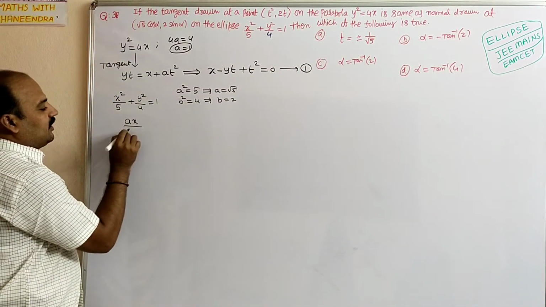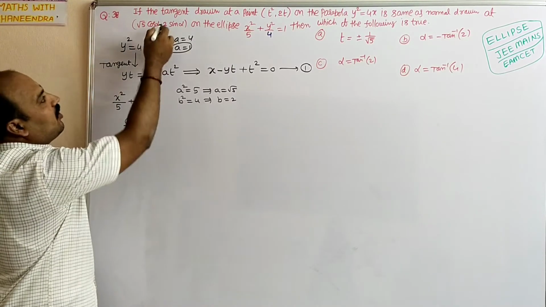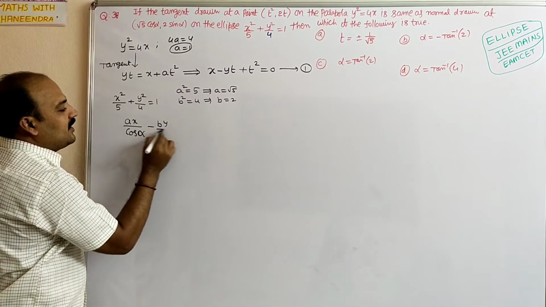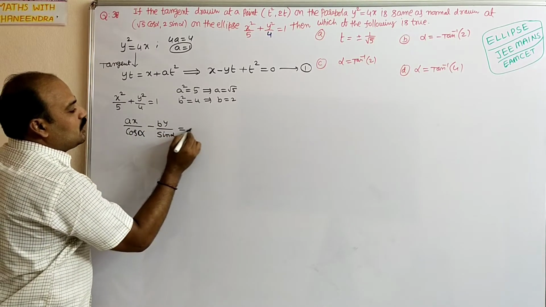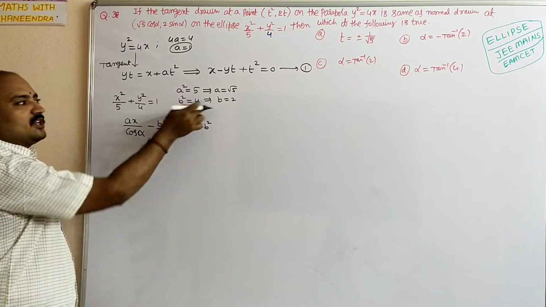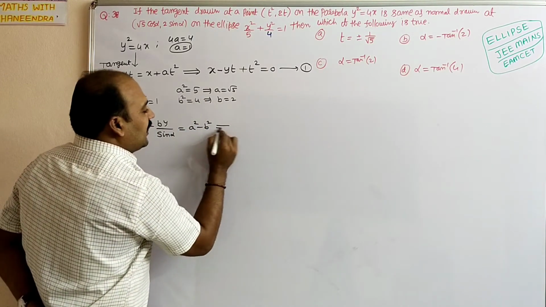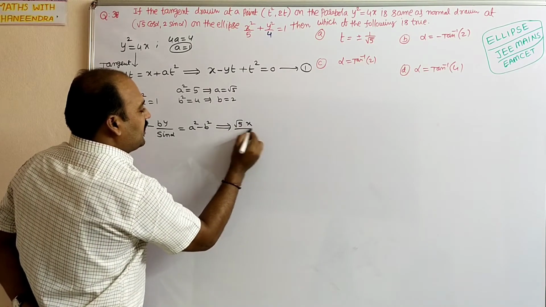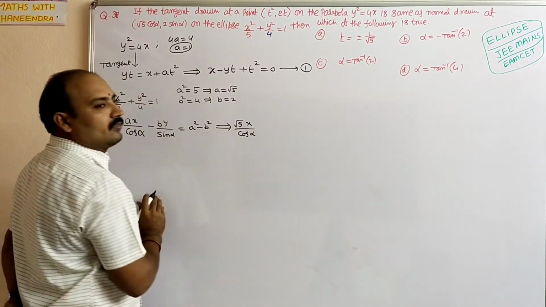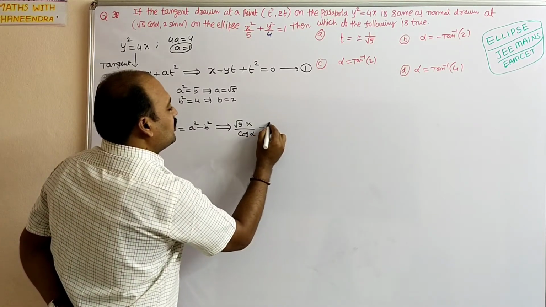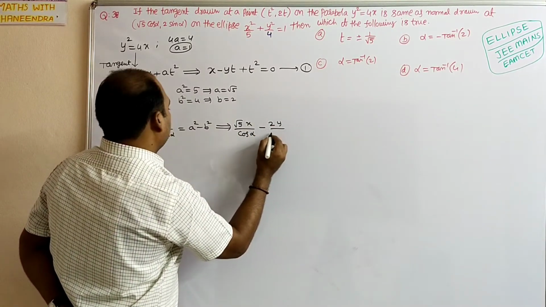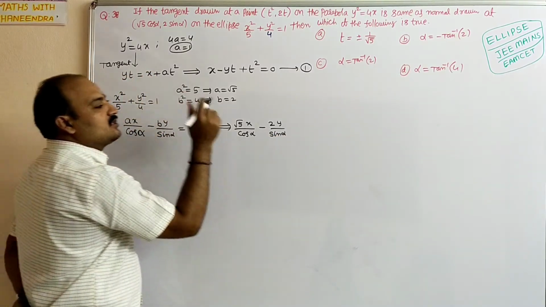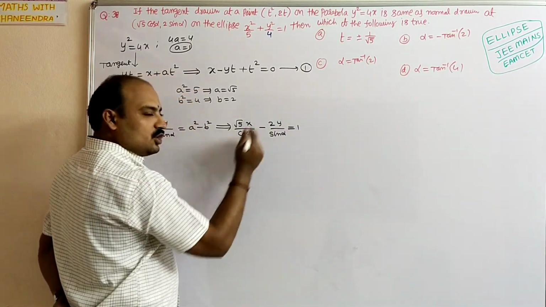The equation of normal is ax by cos theta minus by by sin theta is equal to a square minus b square. In place of theta, I have to take alpha, because in the given question alpha is mentioned. Substitute the respective values here. The value of a is root 5, so root 5 into x divided by cos alpha minus b value 2 into y divided by sin alpha equal to a square minus b square, 5 minus 4, which is 1.